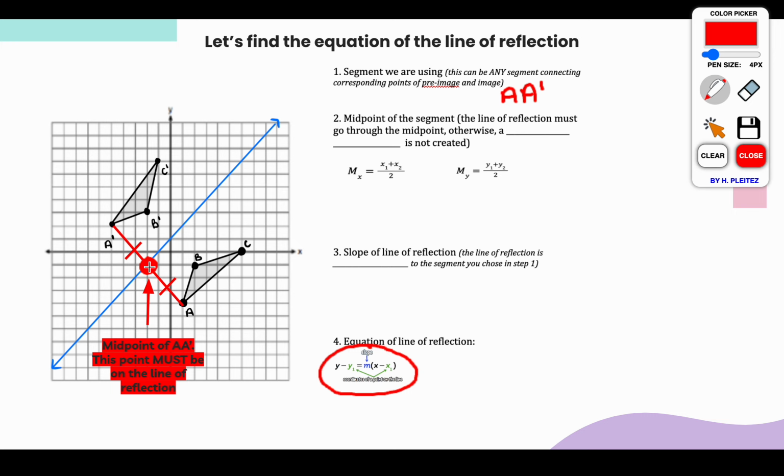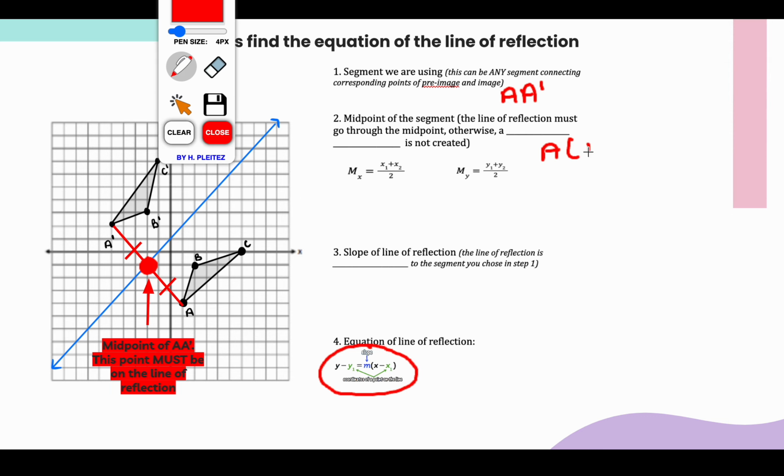So here, our coordinates of A are 1, -4, and our coordinates of A prime are -5, 2. And we can go ahead and label x1, y1, x2, y2.